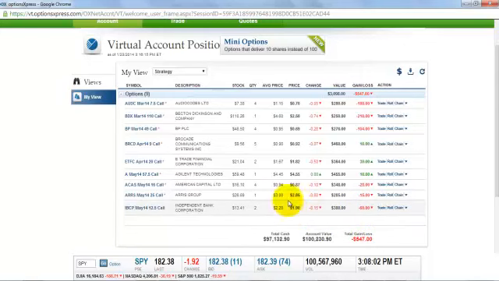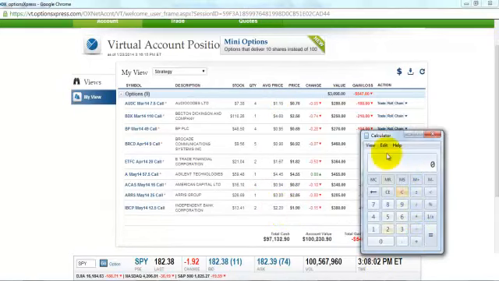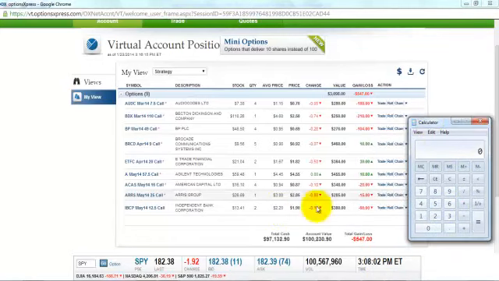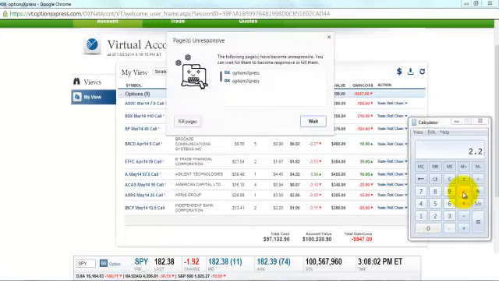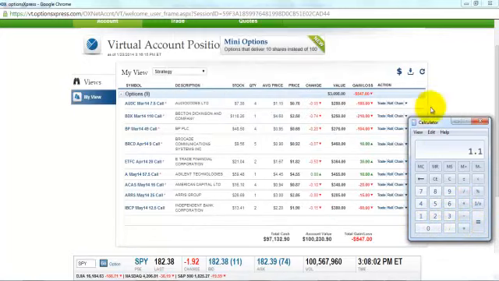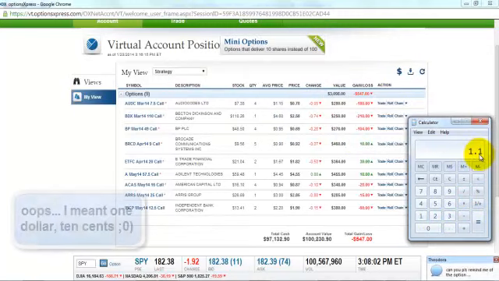Okay, so I bought IBCP at $2.20. I'm just risking 50% on this trade, so I'll divide $2.20 by 2. Okay, so my stop will be $1.10.